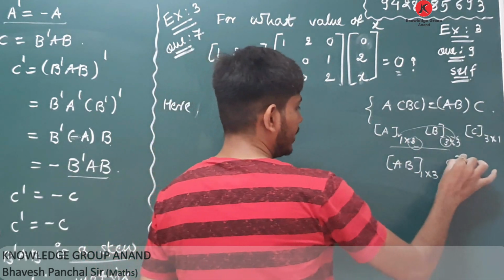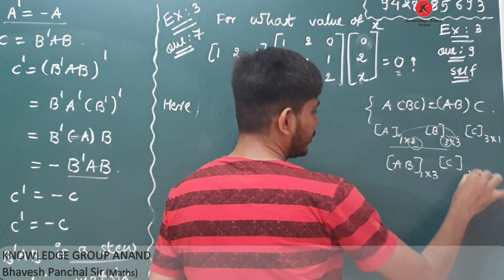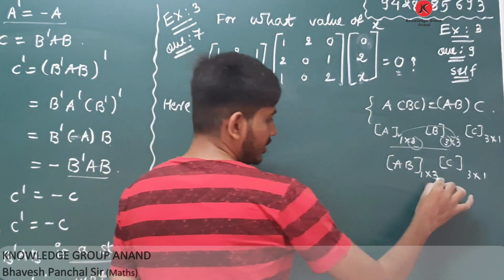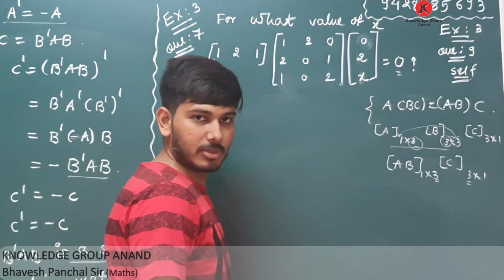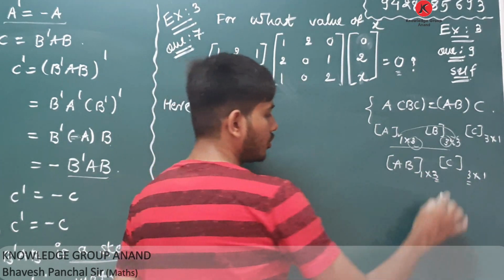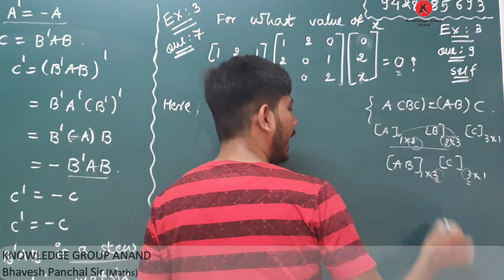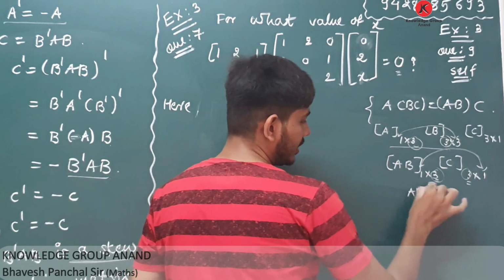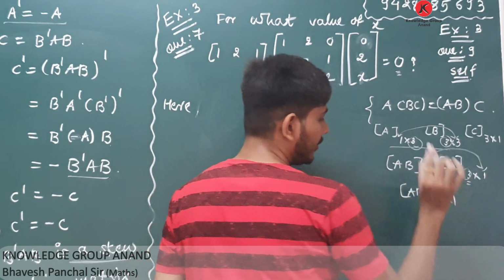Now I am multiplying matrix AB with C. This multiplication is also possible because the number of columns of AB and the number of rows of C are also equal, 3 and 3, and the order of the obtained matrix ABC will be 1 by 1.